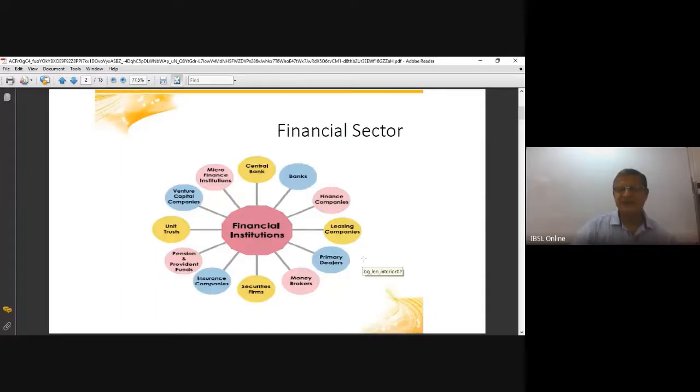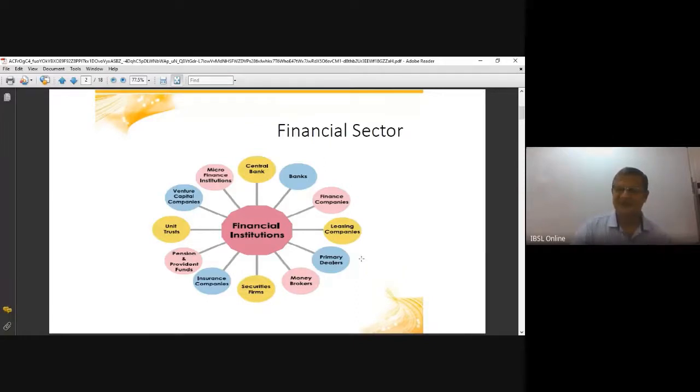On top of that, there's another kind of financial institution we call primary dealers. They also make a great contribution to financial transactions because through a primary dealer, you could trade in government securities like bonds, treasury bills, and so on.